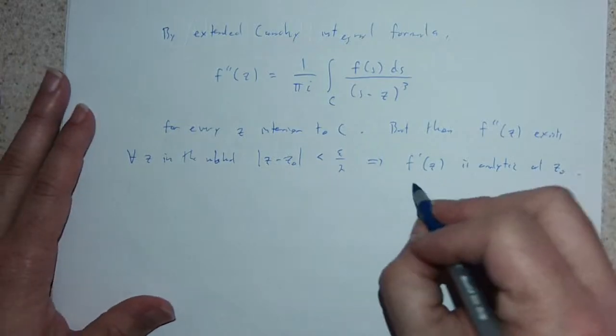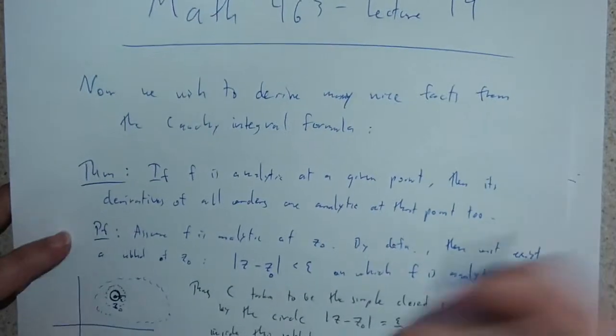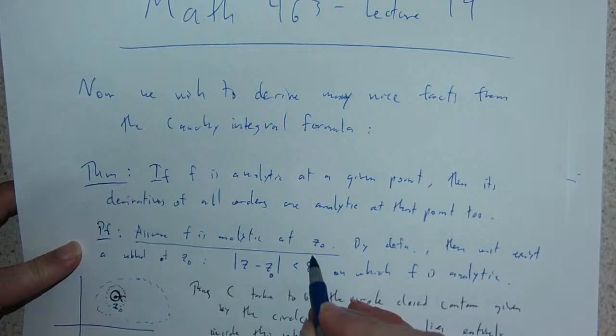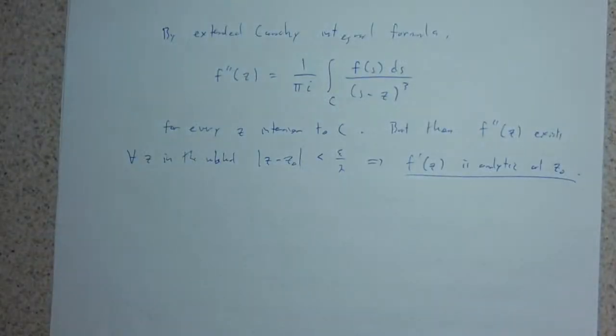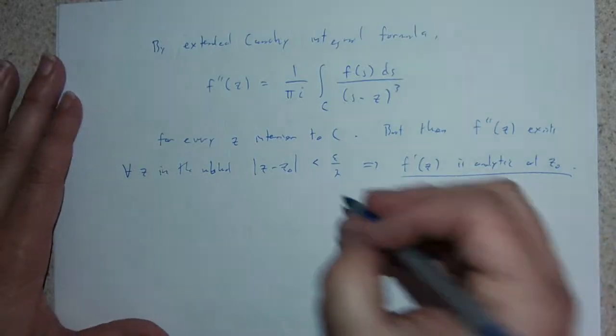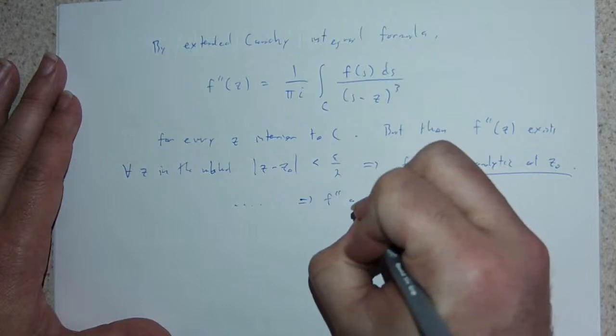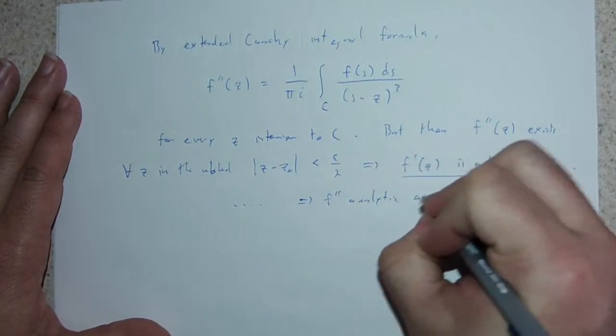So what have I shown? I've shown that if we start out with the assumption that f is analytic at z naught, then we get that f prime is analytic at z naught. Following the identical argument, just literally substituting for f prime, we get that f double prime is analytic at z naught.